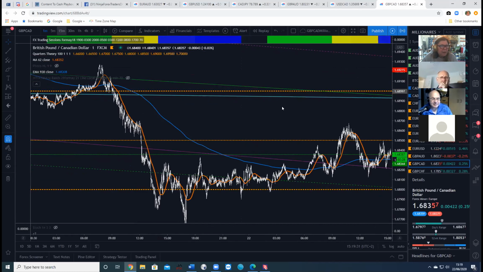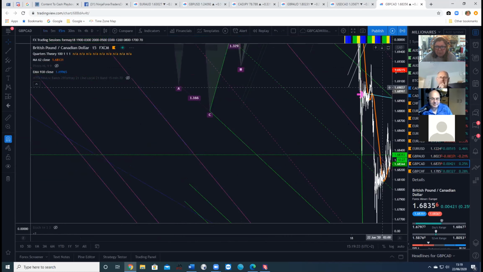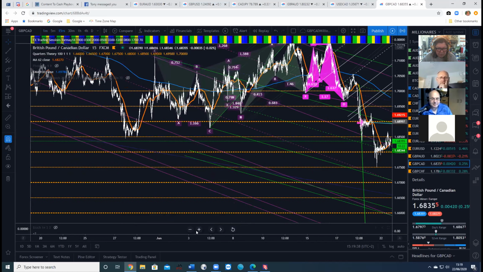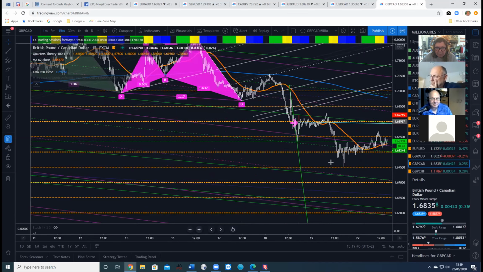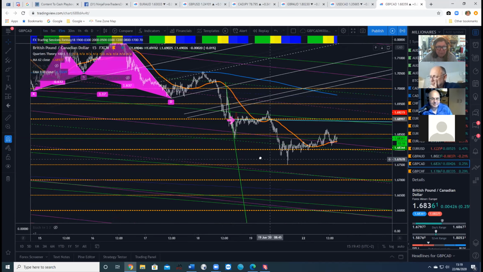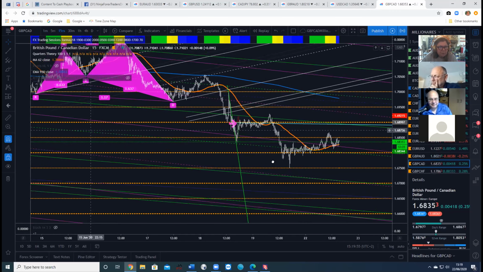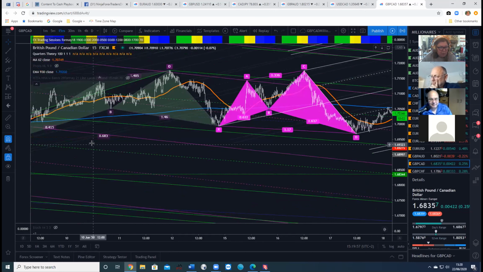So this scan is from, oh, look at all that stall out there. I've got that marked up there. This pink one, which is from way back when.